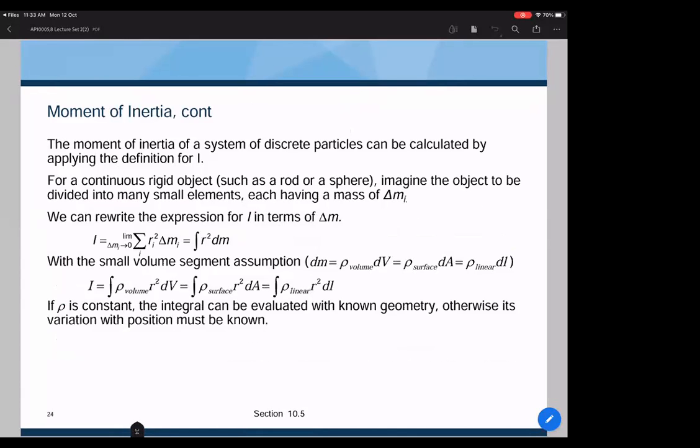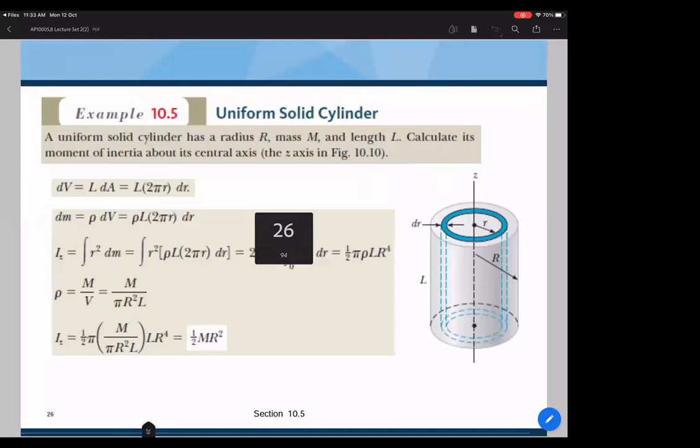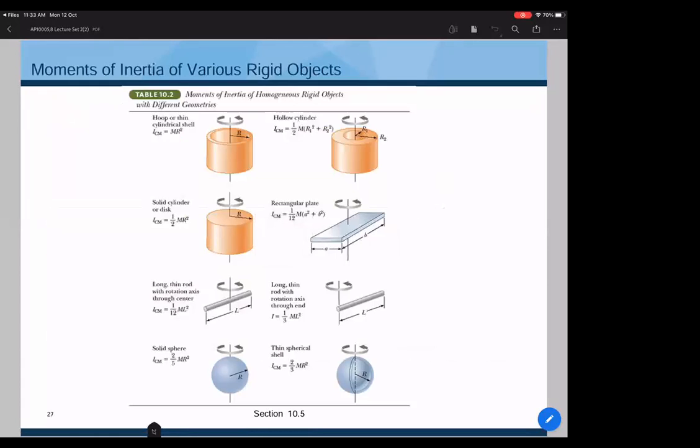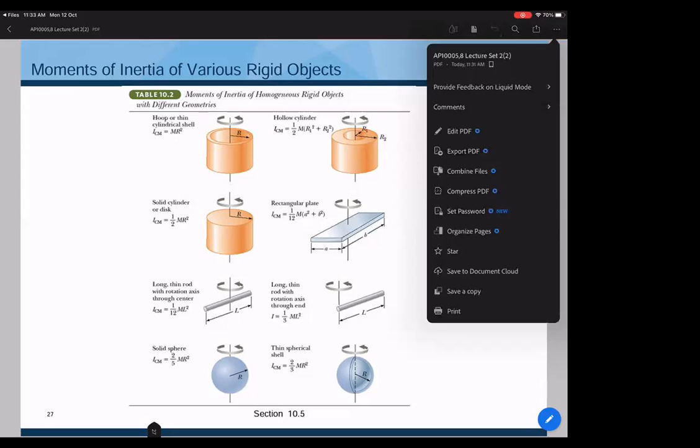So first of all, we have some tables which would tell you the moment of inertia about the center of mass, for an axis that goes through the center of mass, for typical geometries. And secondly, if you have axes that are parallel to the axis that goes through the center of mass, let me see, I should have it here.